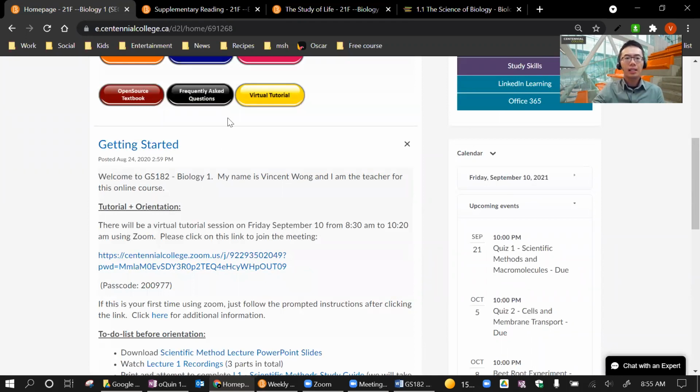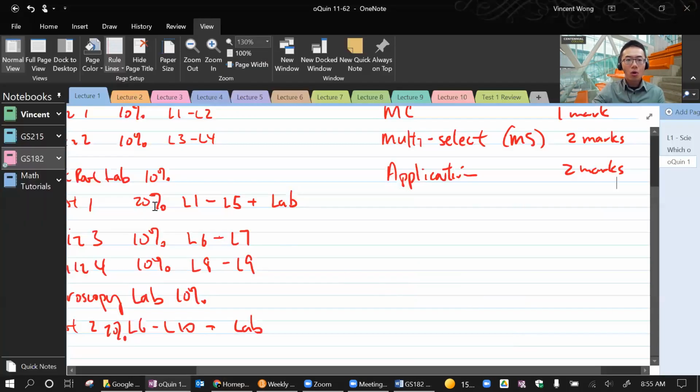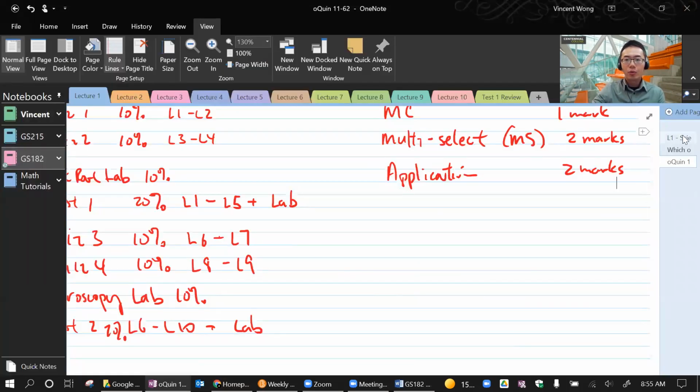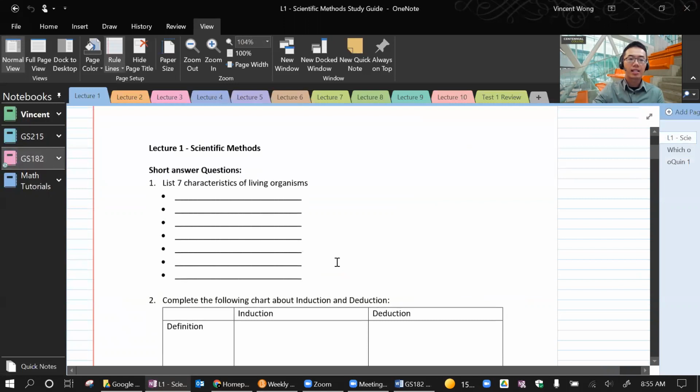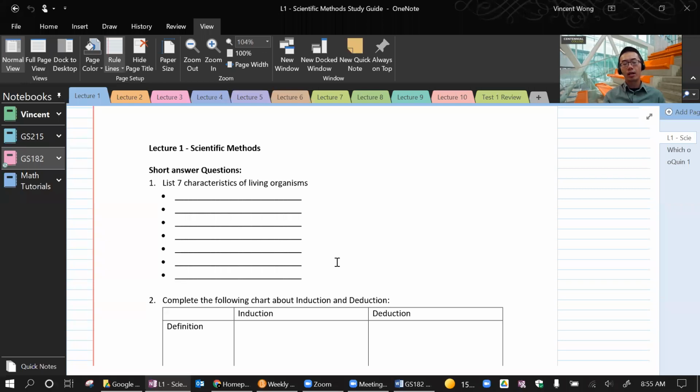Let's get started with today's lesson. We will be doing lesson 1, which is the scientific method. Some of you might have come from high school and just did your high school biology, and these things will be relatively familiar to you. Some of you might be out of school for some time and are just coming back, or have never taken biology before.